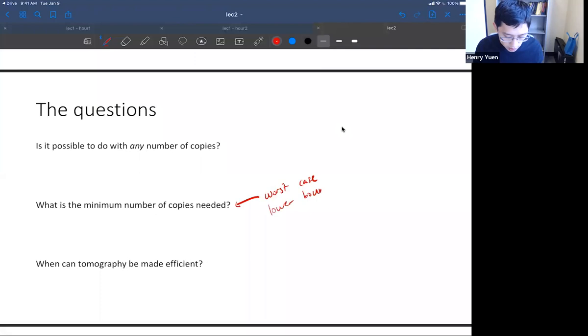We're going to obtain some worst case lower bounds on the number of copies needed. But even when you know the worst case, you might ask, are there cases in which tomography can be made much more efficient so you don't run into this worst case lower bound? So for this lecture and the next couple lectures, we're going to analyze these questions.